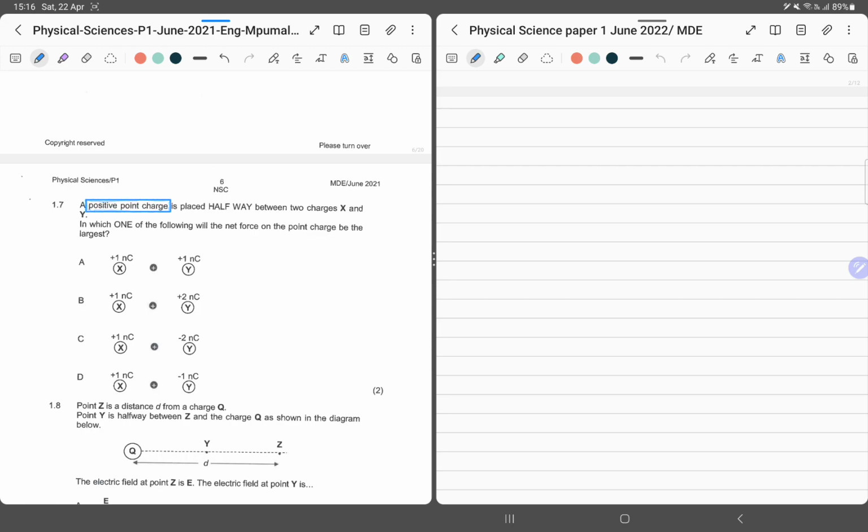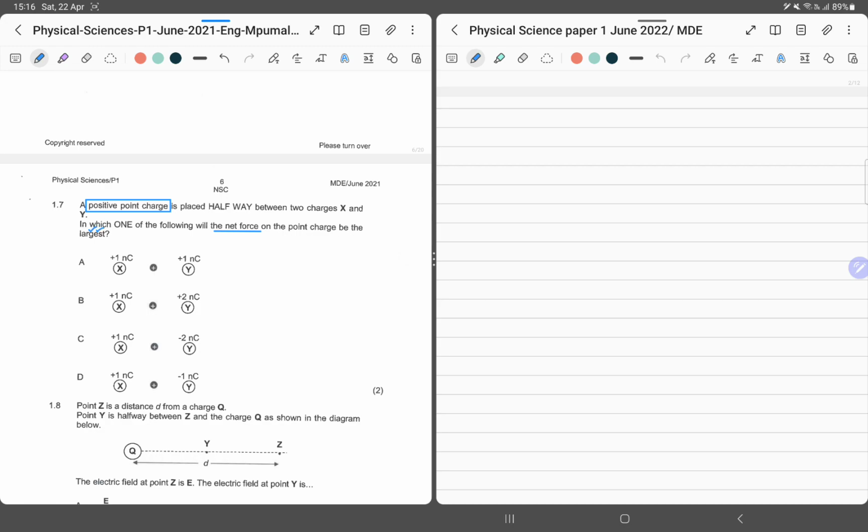We are placing it between two positive charges. They didn't tell us the characteristic of these charges, but we know that it's between X and Y. Now it says, in which one of the following will the net force, meaning the resultant force, on this particular point charge be the largest?